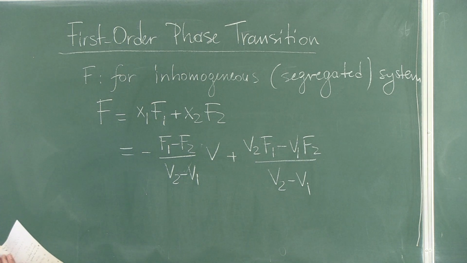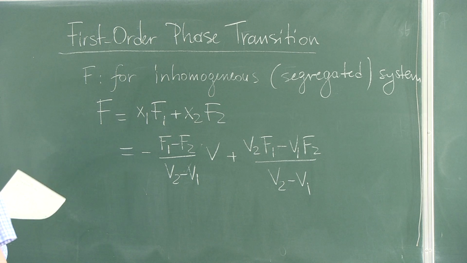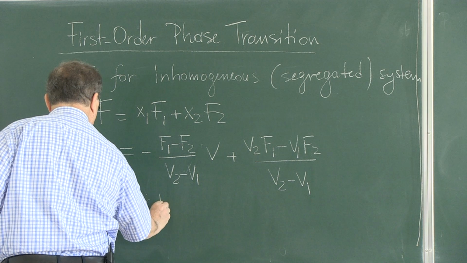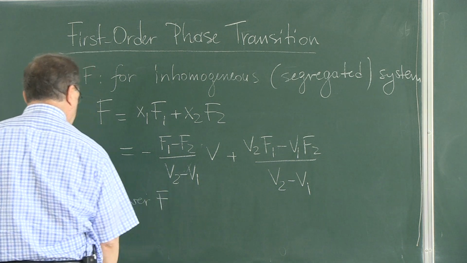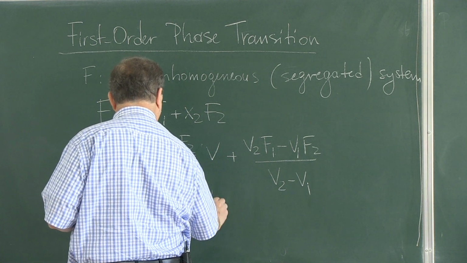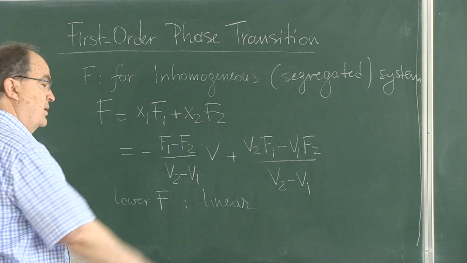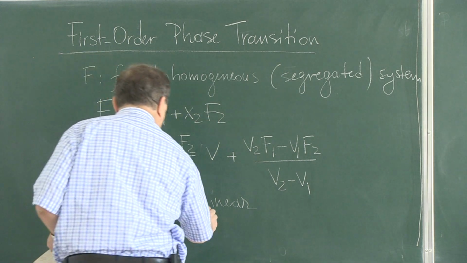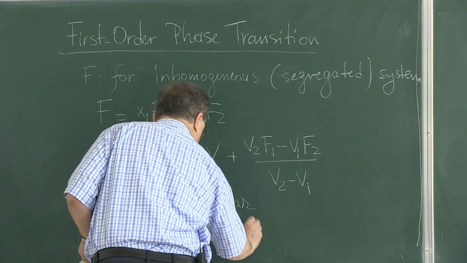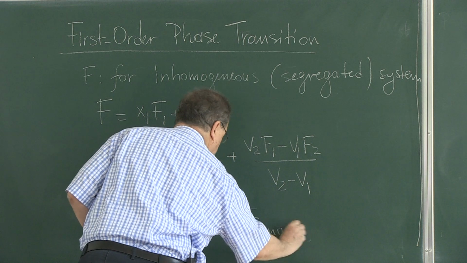So linear interpolation is lowering the free energy, lower F, as a result of the straight line or double tangent line, the double tangent construction.